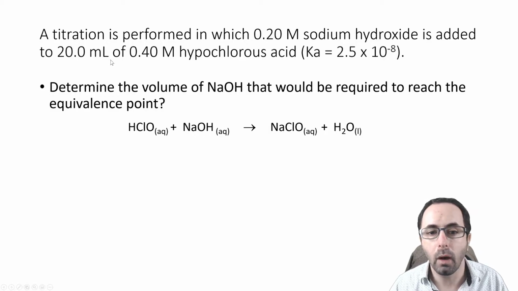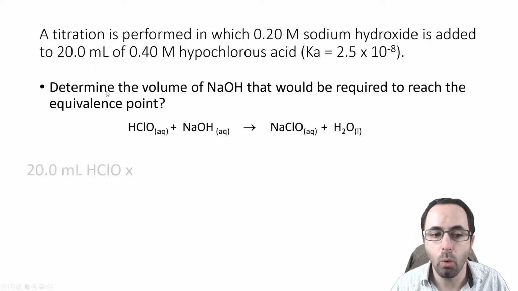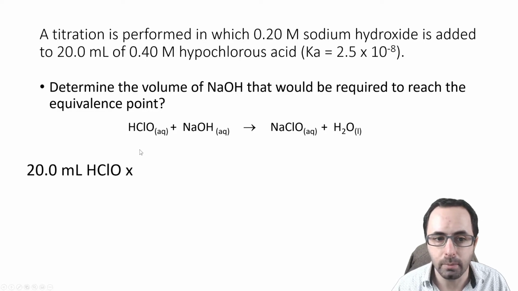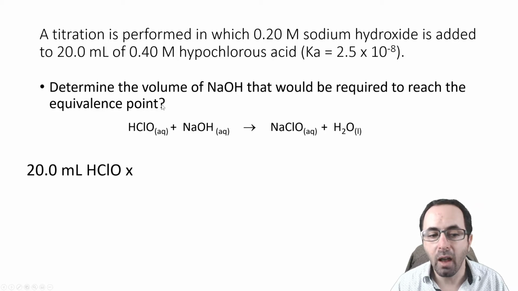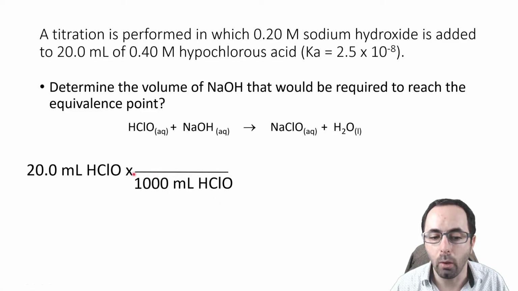So we're going to start by writing our amount of hypochlorous acid. We've got 20 milliliters of hypochlorous acid. And we're going to use the molarity to convert the milliliters of hypochlorous acid to moles. And so this is 0.4 moles per liter, or we could also call this 0.4 moles per 1,000 milliliters. So we make sure milliliters of hypochlorous acid is in the bottom, so those will cancel.